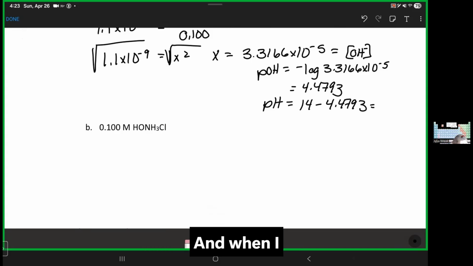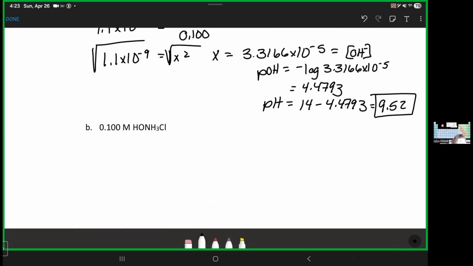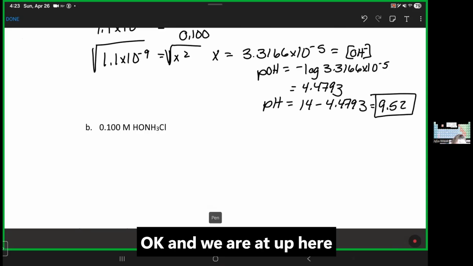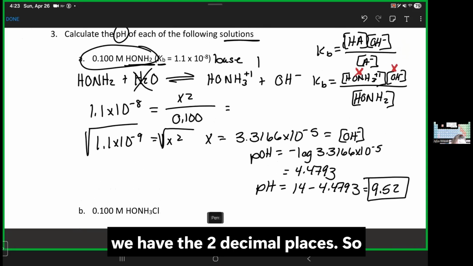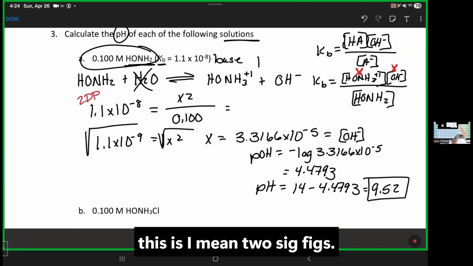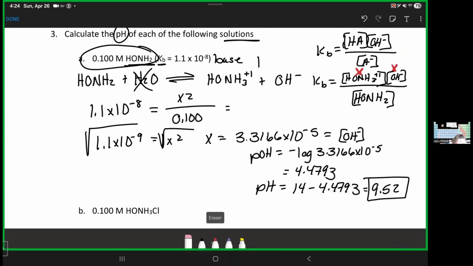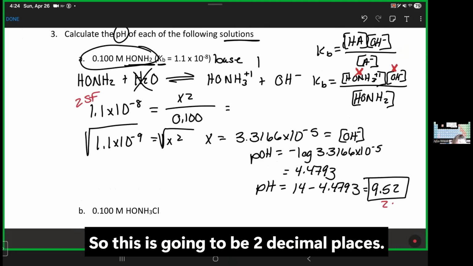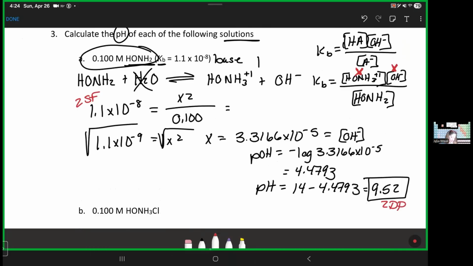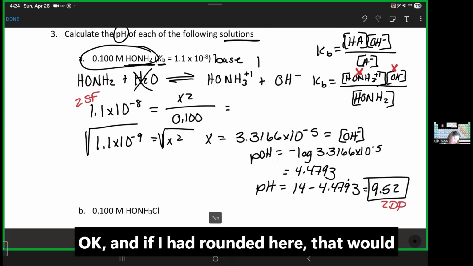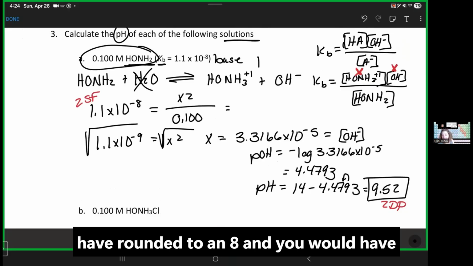And when I do that, I get 9.52. Okay, we have the 2 decimal places up here, since I'm in 2 sig figs. So this is going to be 2 decimal places. And if I had rounded here, that would have rounded to an 8, and you would have gotten the same answer.